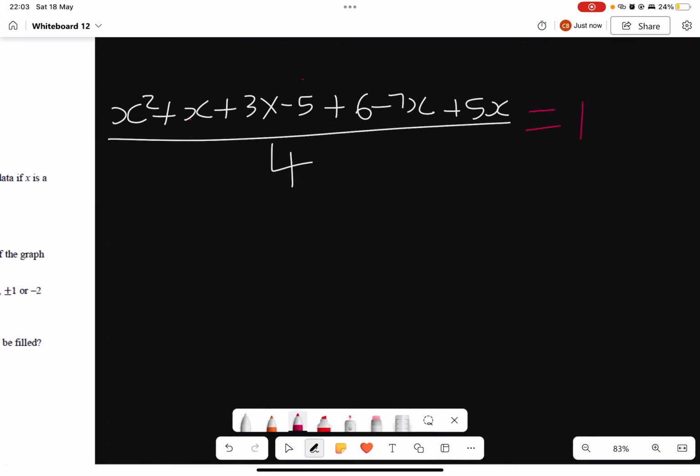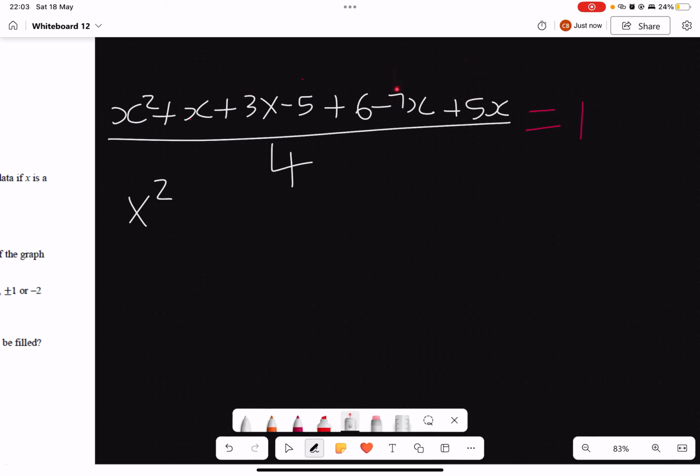On the top here, let's add like terms. This doesn't have a like term, so I'm going to write it the way it is. So we have x squared, and then x plus 3x minus 7x plus 5x. What does that give us? It's 1, then you get 4 there, then you get 9 there, then you minus 7.